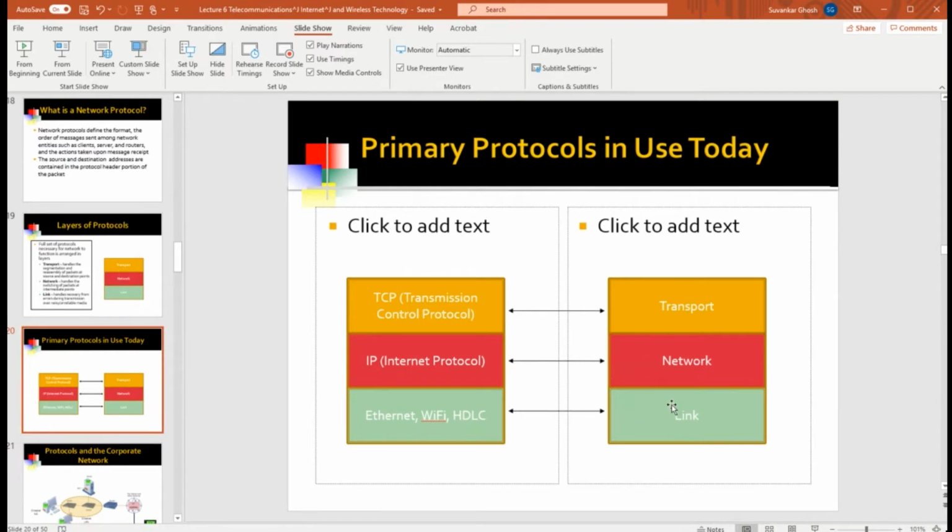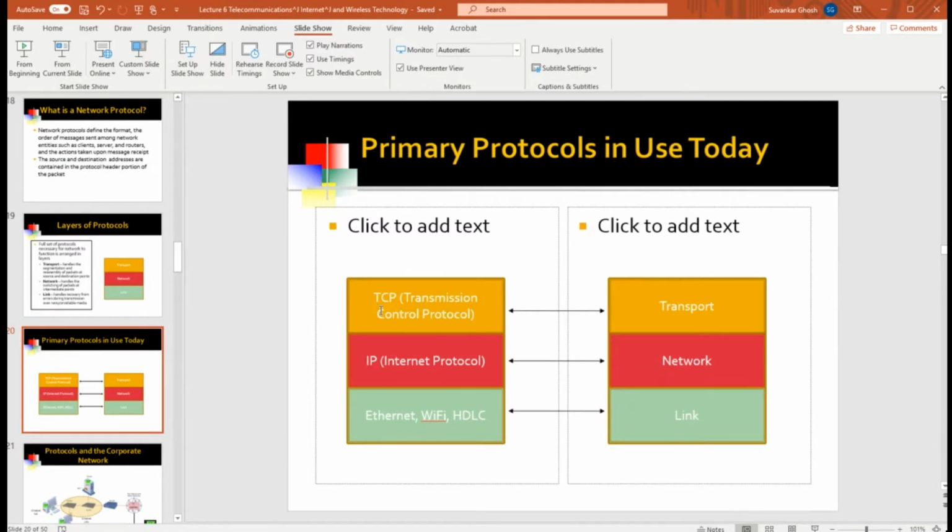For the link layer, we have Ethernet networks and Wi-Fi networks. Ethernet and Wi-Fi are examples of the link layer protocol that is being used in the internet. As for the network layer protocol, there's just one type used in the internet. It's called the IP protocol. And the transport layer protocol that is used in the internet is called the TCP, or the transmission control protocol.